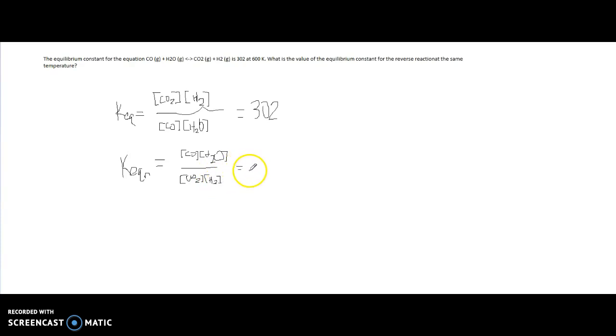Since we flipped this part of the equation, we just flip the answer too, so then we just have 1 over 302, because 302 is understood to be over 1, so we just flip it to get our answer.